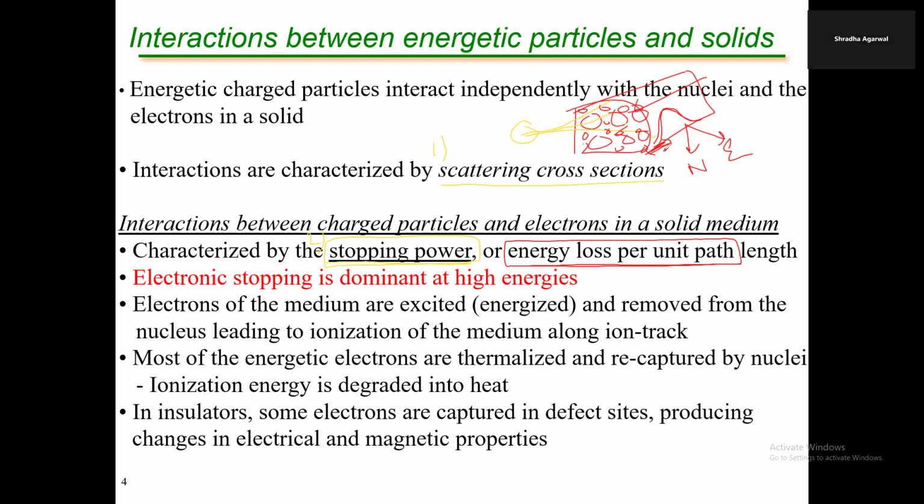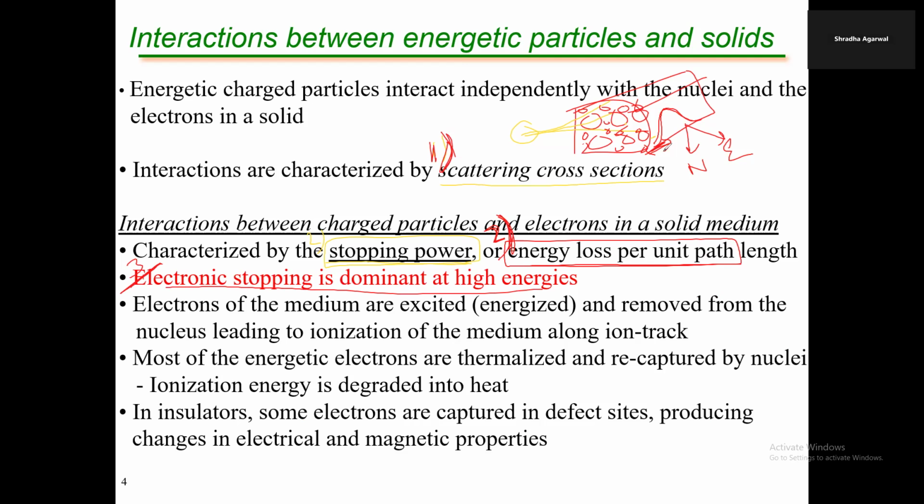We are talking about the scattering cross section, which is the probability that the atom will scatter. Then we are talking about the energy loss per unit length. And the third point is that electron stopping is dominant at high energies. This is also a very important thing.